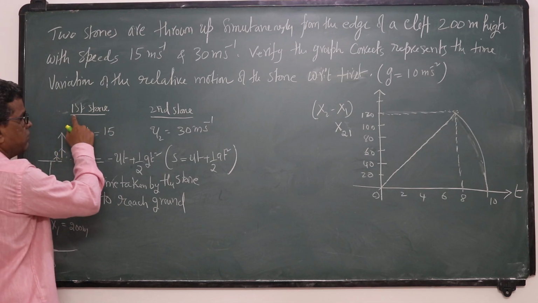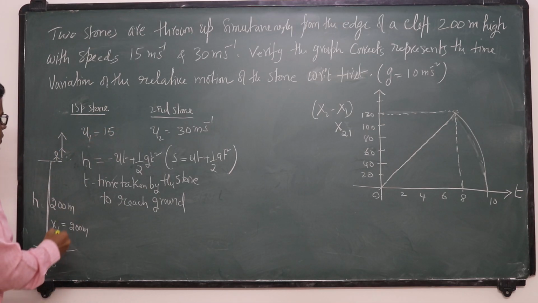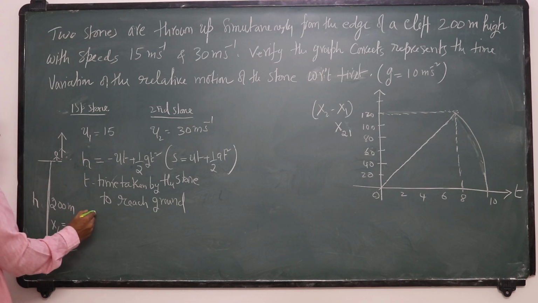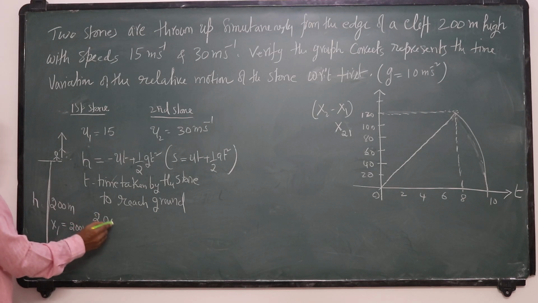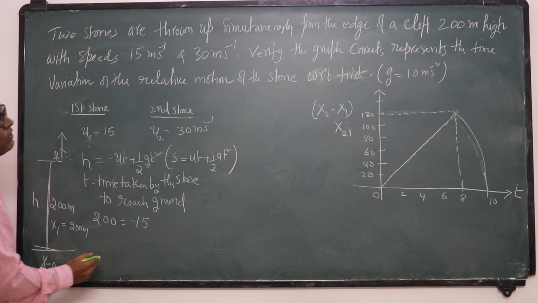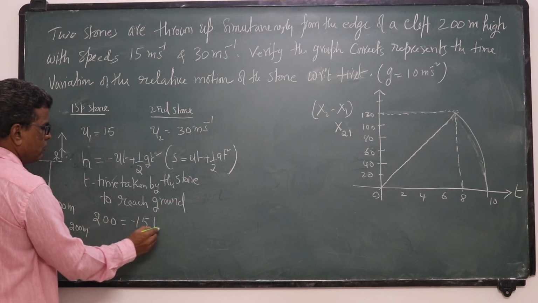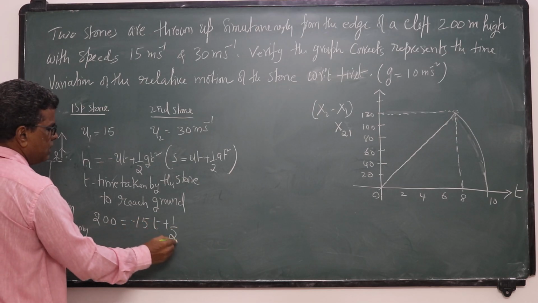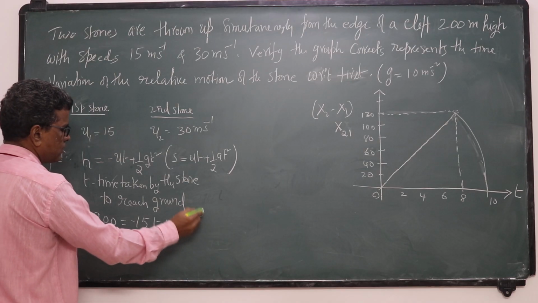So let us check. How much time will the first stone take to reach the ground? Here h is 200 meters, minus u is 15, and t. I want t plus half g, you take it as t square.